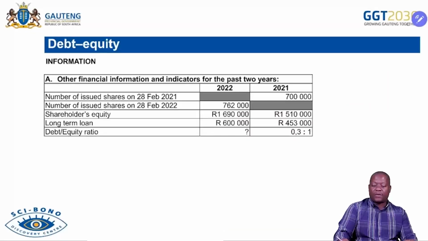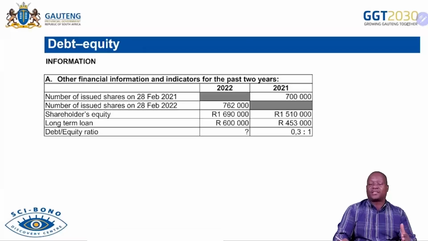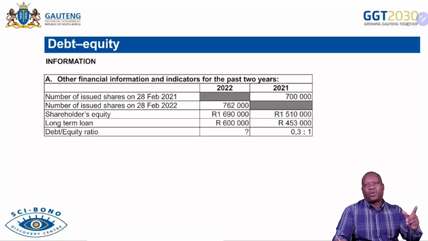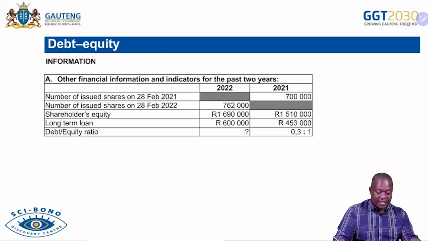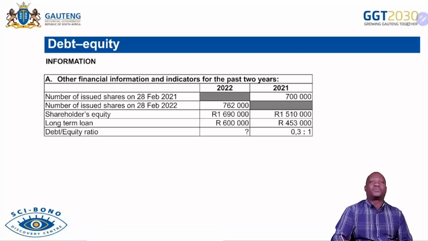Now, we are going to look into the last indicator on this segment, which is our debt equity ratio. Now we are given all this information. It doesn't mean we are going to use all of it. Remember the formula. Debt equity ratio. What is the formula that we are going to use?